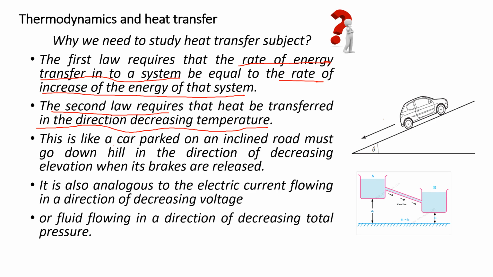When you release the brake, the car will go downwards. It will not move upwards when it is in neutral. It is analogous to electric current: electric current always flows in the direction of decreasing voltage.